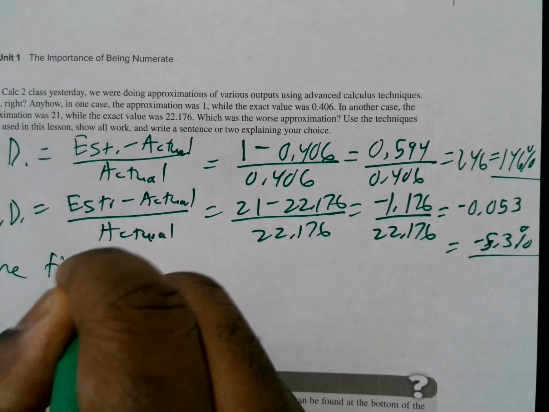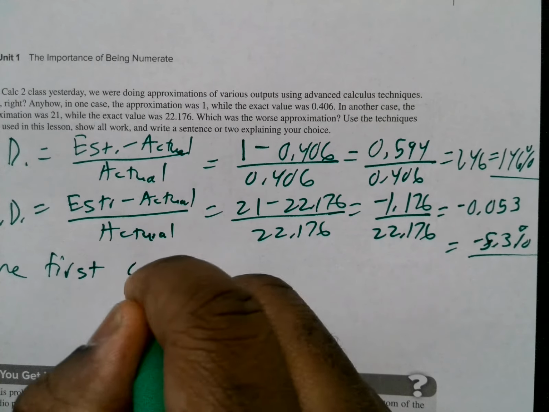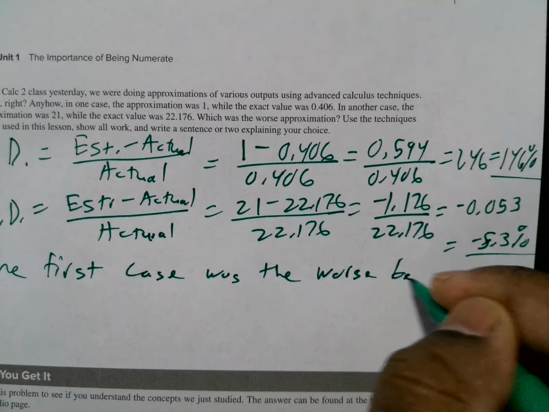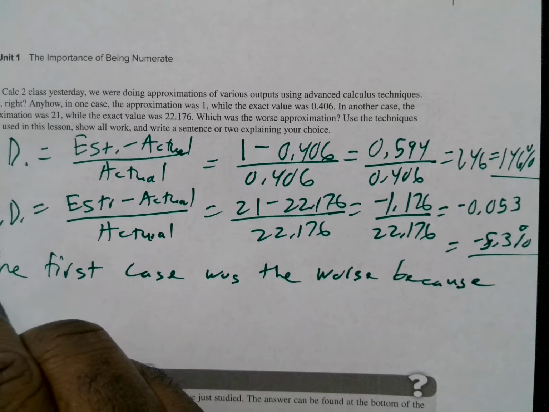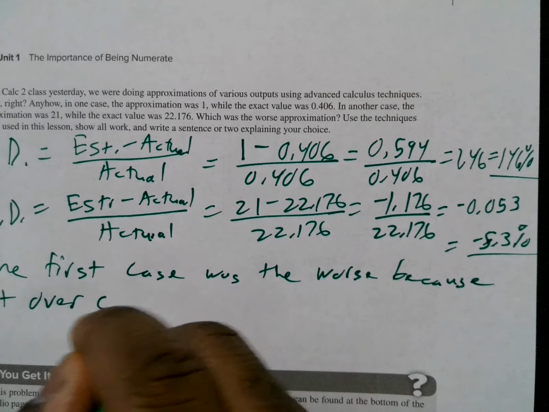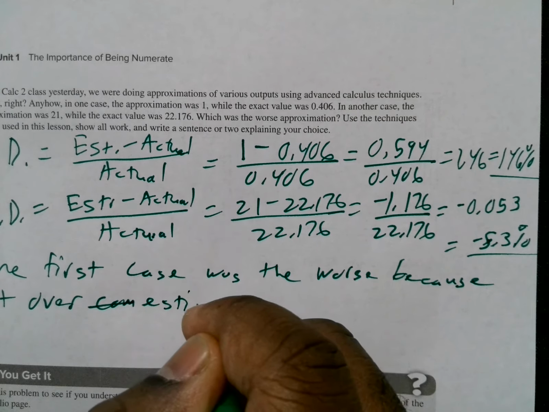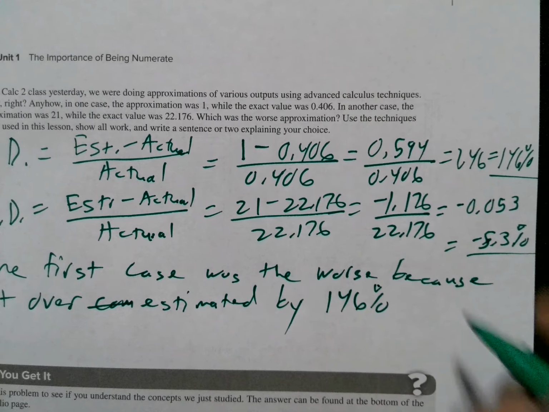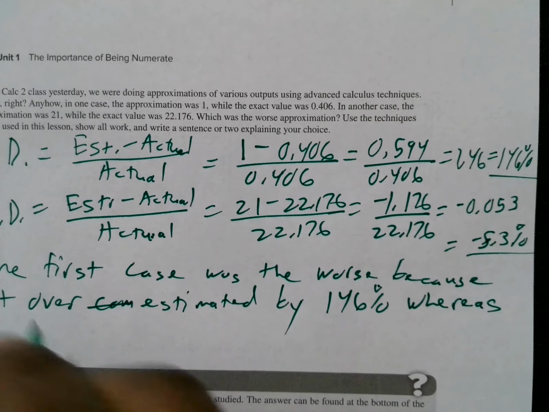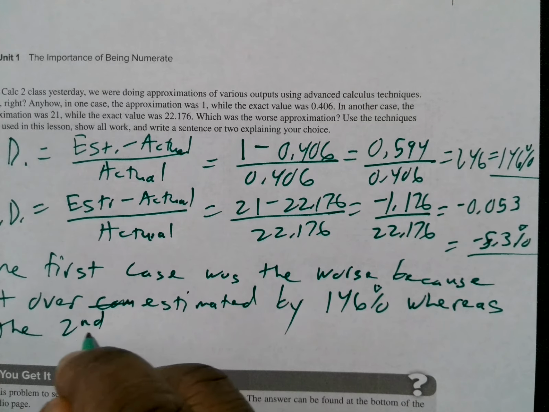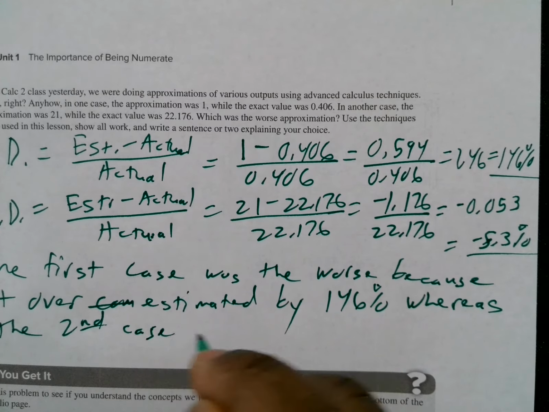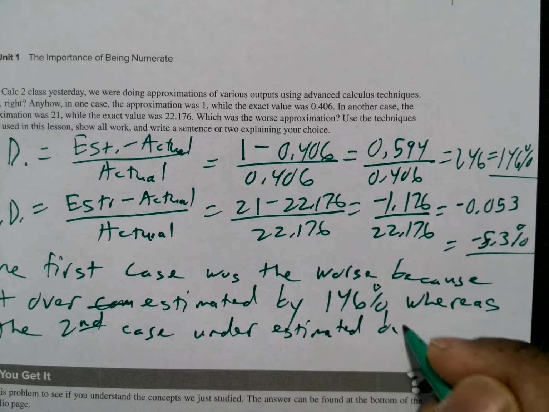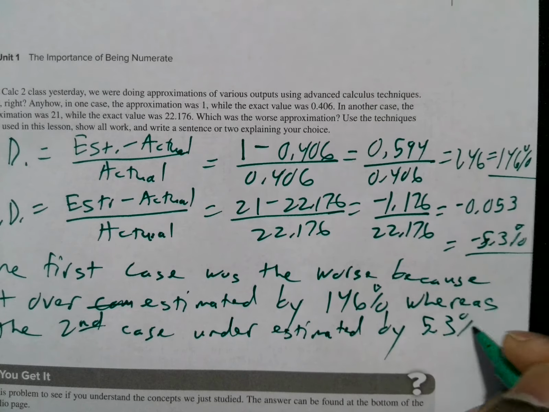The first case was the worst because it overestimated by 146%, whereas the second case underestimated by 5.3%.